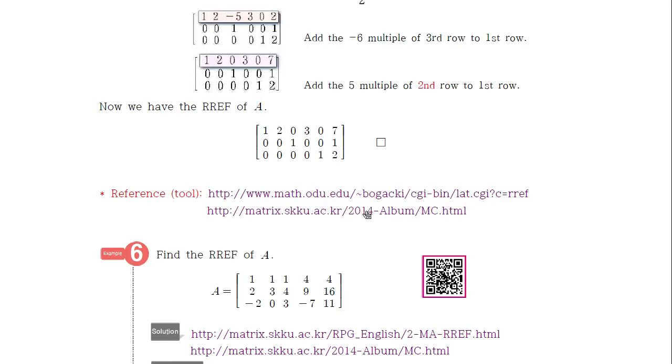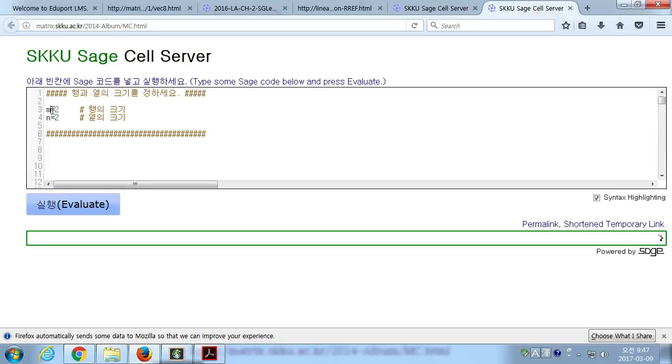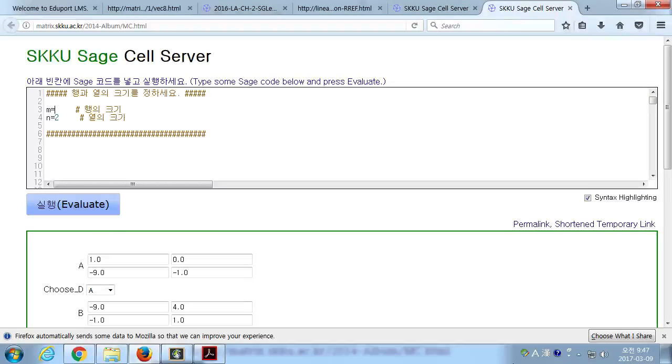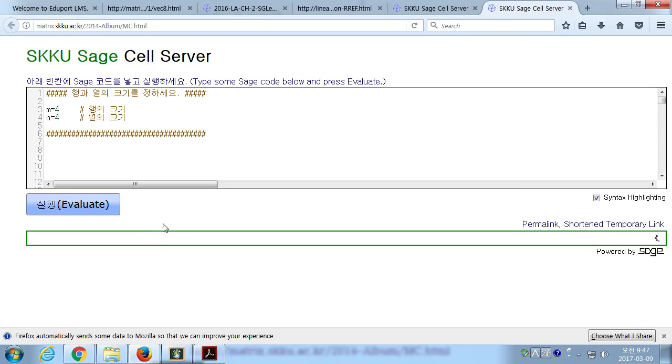One other thing. It's not only for 2 by 2 matrices. You can do 4 by 4 matrices. You can generate a 4 by 4 matrix randomly.